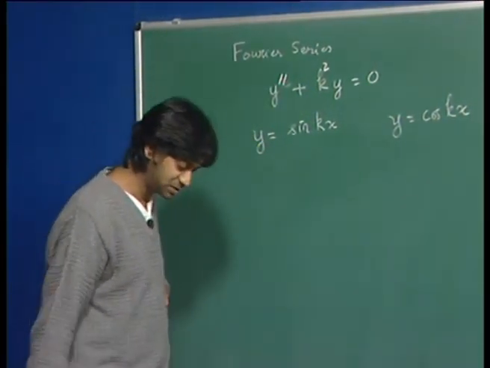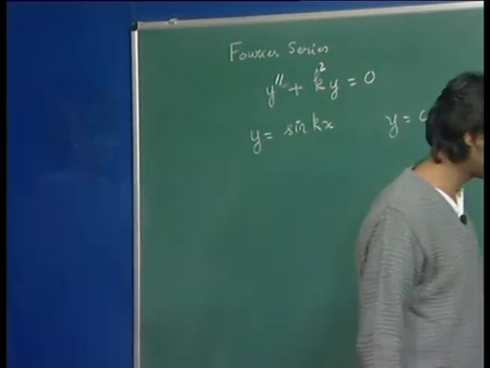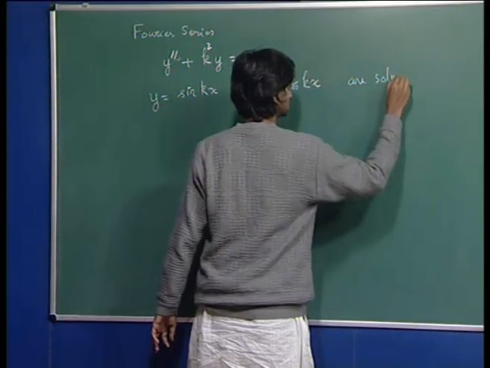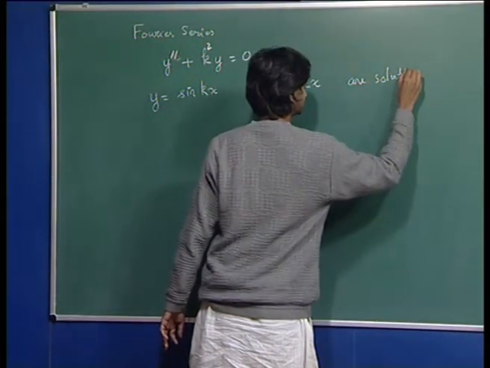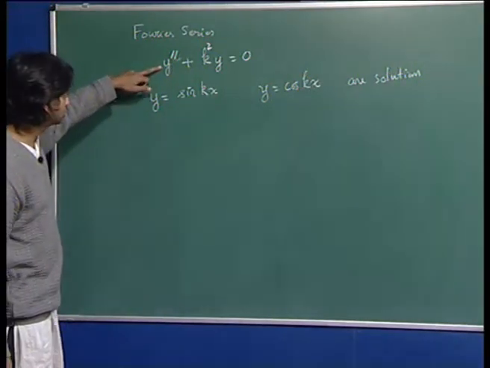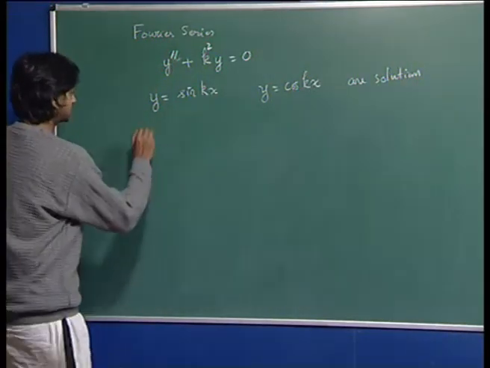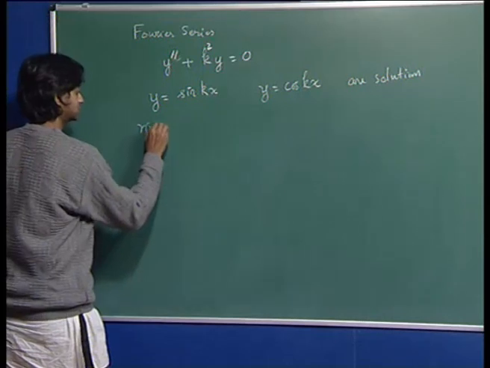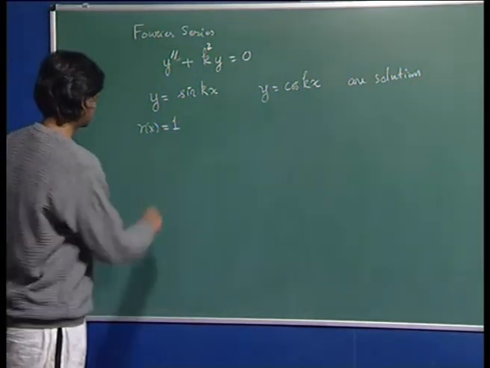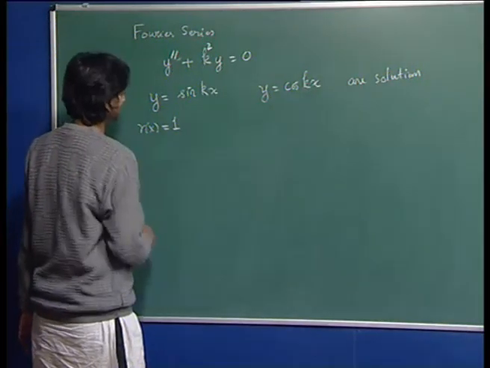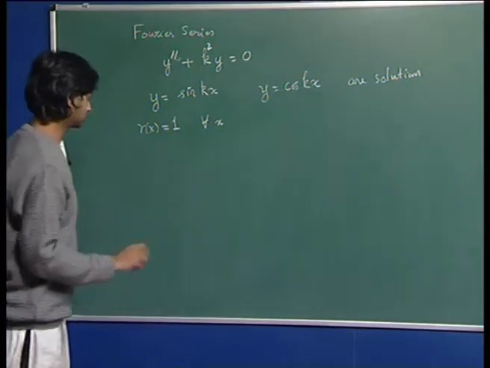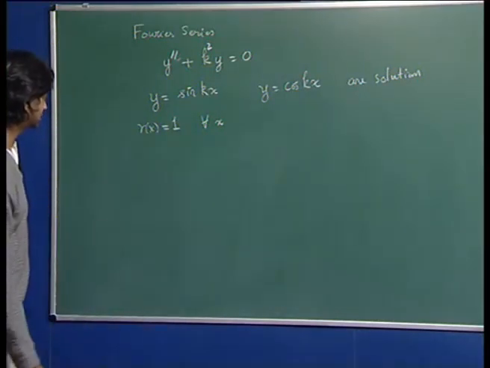These are examples of solutions of this differential equation. Now, if you think of this as a Sturm-Liouville problem, then p of x is equal to 1, and r of x was equal to 1 for all x. So, r of x is 1 for all x.